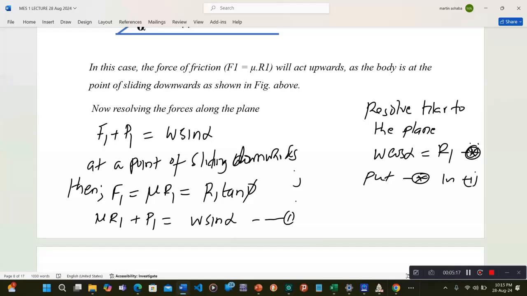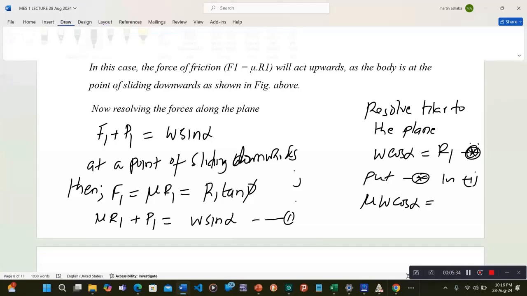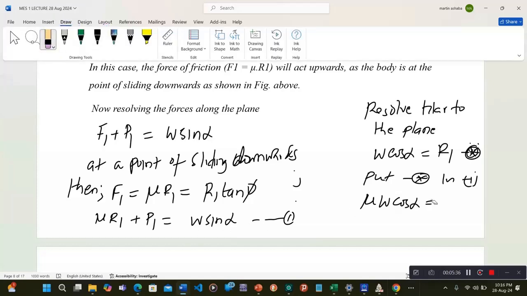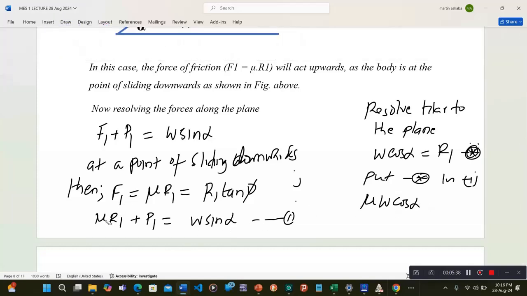So what will that be? Our nu times W cos alpha, and I am supposed to add P1. So I am substituting it in here: nu times W cos alpha plus P1 should equal W sin alpha. That's what I'm trying to do.